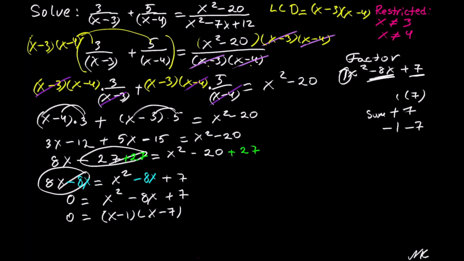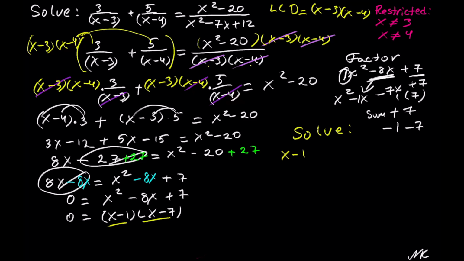You can absolutely rewrite negative 8x as minus 1x minus 7x. Keep everything else the same, so you would have x squared minus 1x minus 7x plus 7. Factor by grouping, and you would get the same pair of parentheses. So to finally solve this equation, we set each of these factors equal to 0.